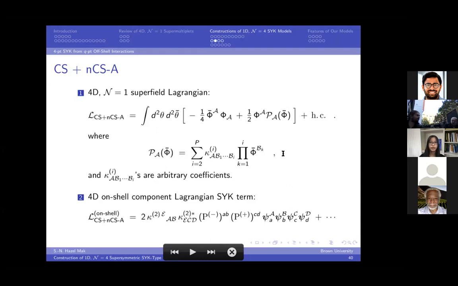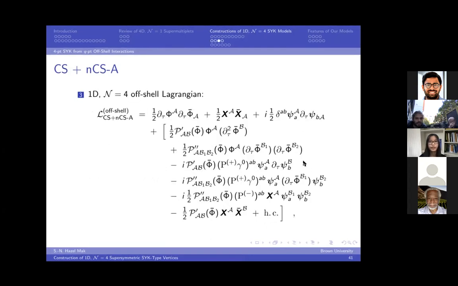When you go onshore, you'll see one of the terms will look like this, which also takes the SYK term form. So indeed, this superfield Lagrangian will give us SYK terms too. And this is the offshore Lagrangian, which starts to look a bit lengthier and with more terms.